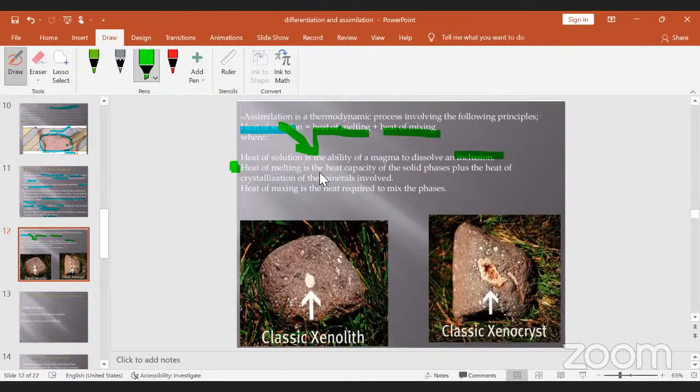Second, heat of melting is the heat capacity of the solid phases plus the heat of crystallization of the minerals involved. And heat of mixing means the heat required to mix the phases, right? Heat required to mix the phases. And you see some pictures here, this one and this one, right? So xenoliths and xenocrysts.